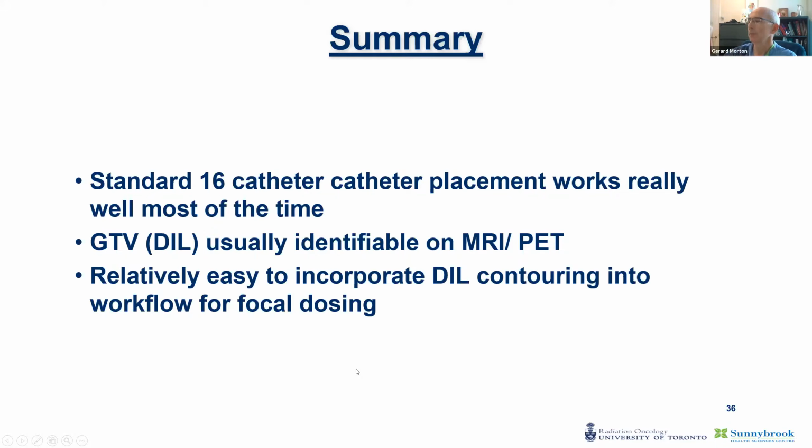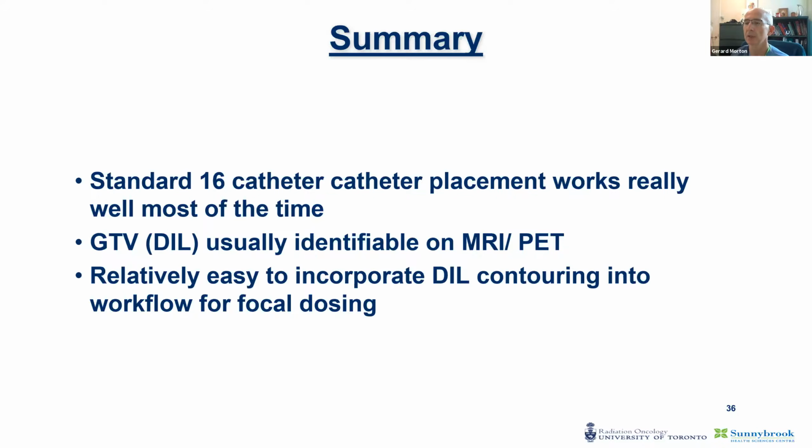So just to sum up, we find that the standard 16 catheter distribution works really well most of the time. In some situations, for example, if we want to make sure we're treating an area that may be at risk close to the urethra, anteriorly, maybe at the apex, some extra attention using MR-CT fusion, or MR ultrasound fusion, seems to be beneficial.